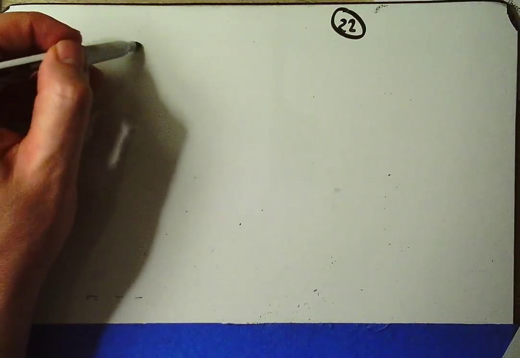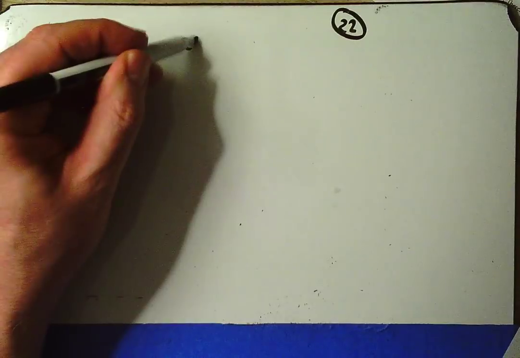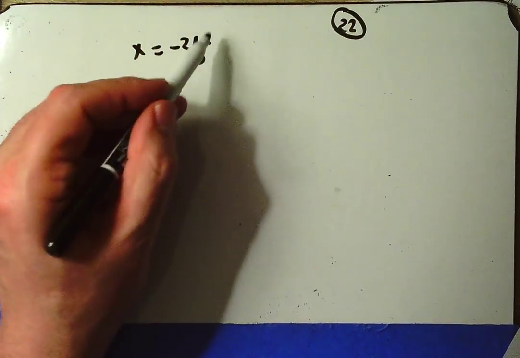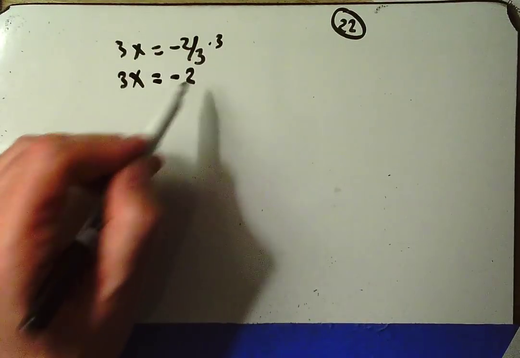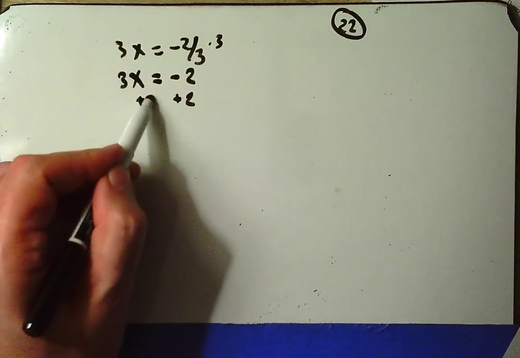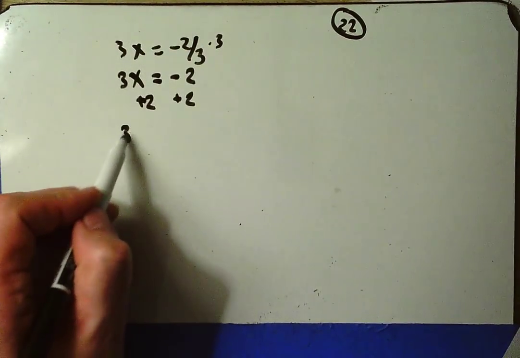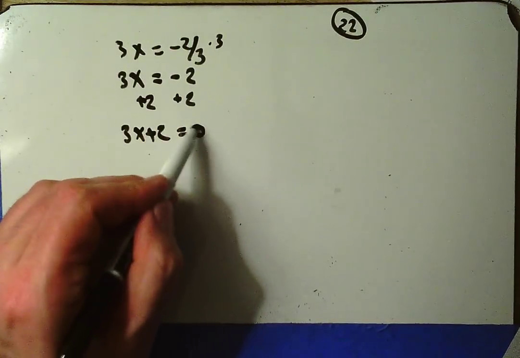Okay, 22. 22 says x is negative 2/3, x is 1/4 are roots of a quadratic, which then could represent the two factors. Well, so x equals negative 2/3. If I multiply both sides by 3, and then I add 2 to both sides, I end up with 3x plus 2 equals 0, right?